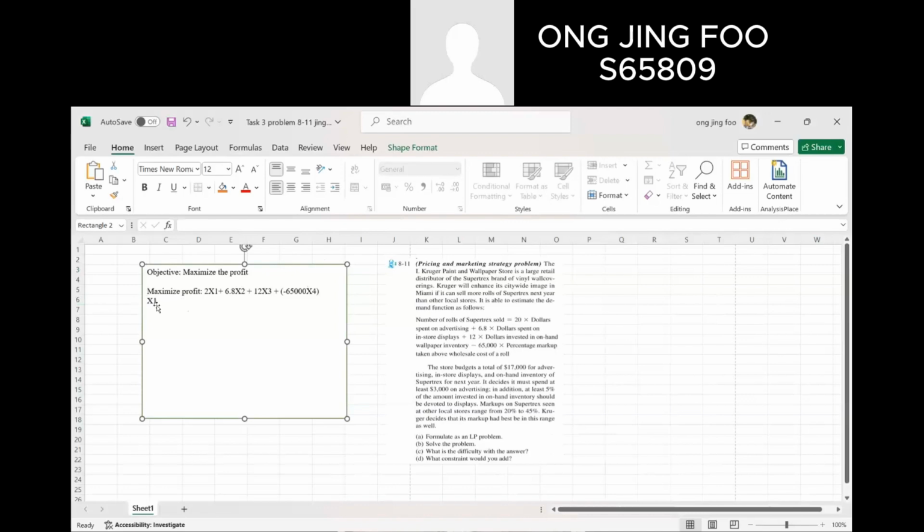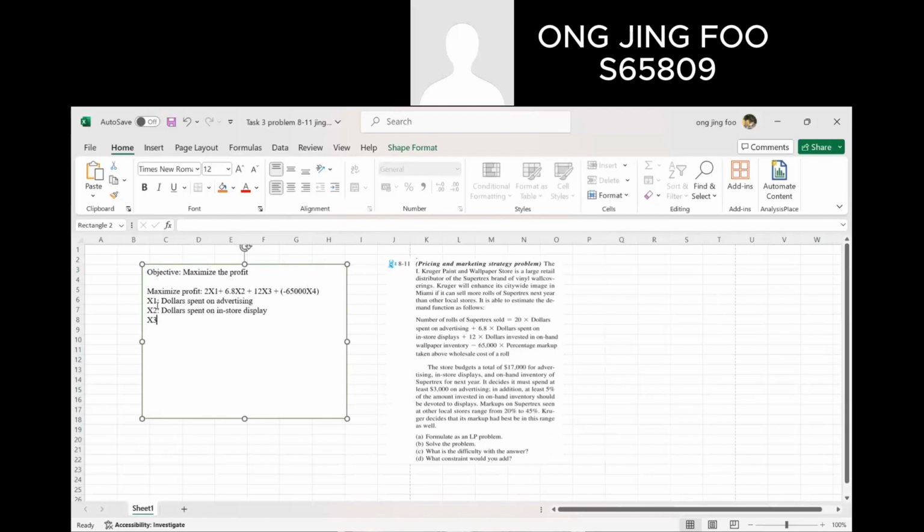So x1 stands for dollars spent on advertising. X2 stands for dollars spent on in-store display.